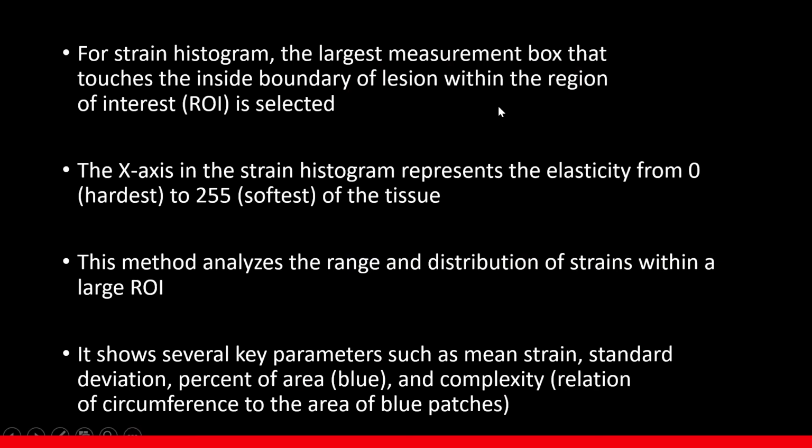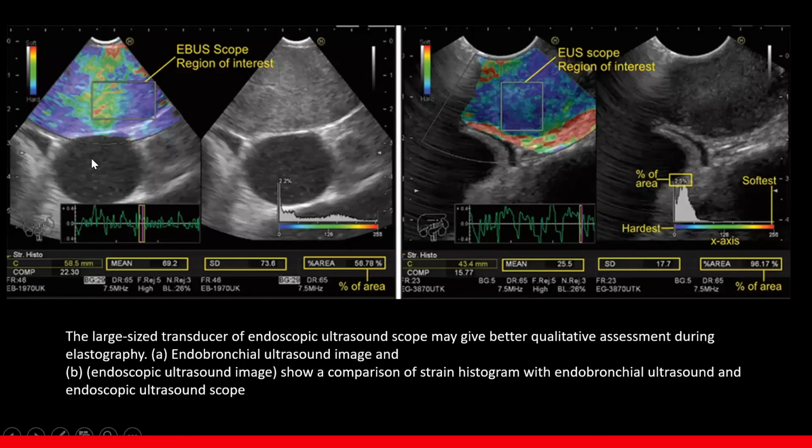For strain histogram, the largest measurement box that touches the inside boundary of the lesion is selected. The X-axis indicates elasticity. This helps us analyze the distribution of strain within the large area of interest. It shows key parameters. If you look at this lymph node here, this is the lymph node, this is the EBUS scope, this is the EUS scope in the same patient.